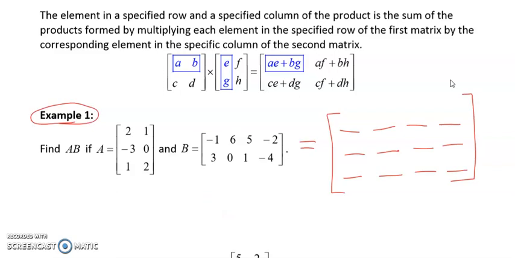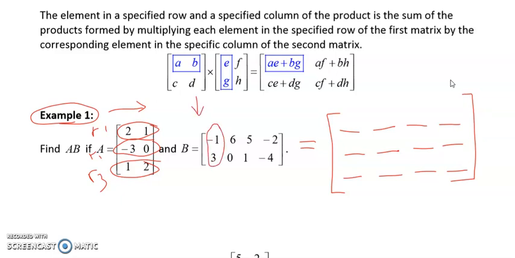Now, here's how you multiply two matrices together. In the first matrix, you always multiply rows, only rows. So 2 and 1 is a row, negative 3 and 0 is a row, 1 and 2 is a row. So you have row 1, you have row 2, and you have row 3. That's what your 3 rows are. In the second matrix, you always multiply columns.